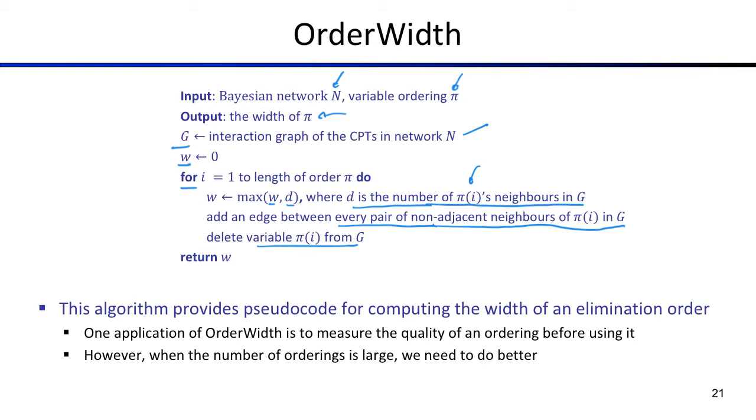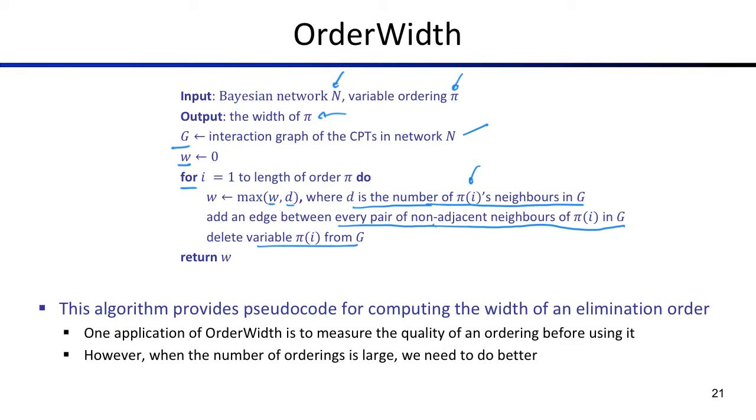So again, this is the same algorithm that we did before, but now we are just looking at the interaction graph. One application for this algorithm is to measure the quality of an ordering before I use it. So I may select the ordering, and I want to know if the ordering is good or not. I can measure the width of this ordering using this algorithm.